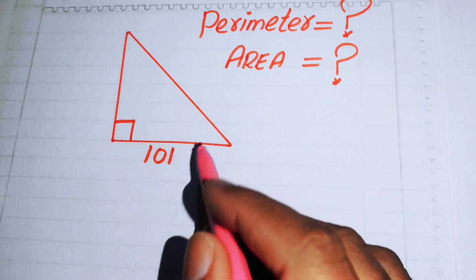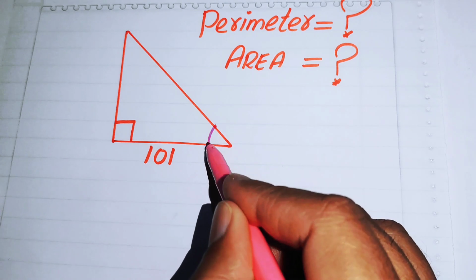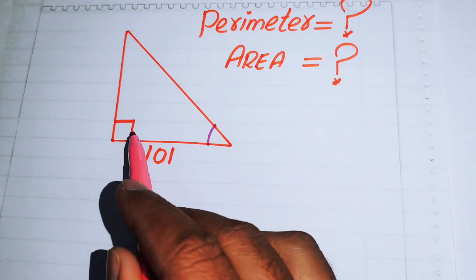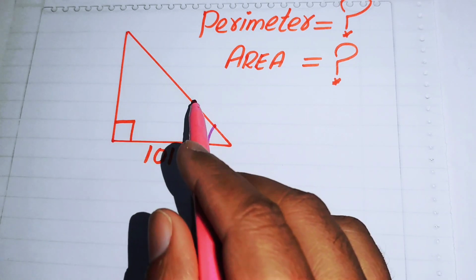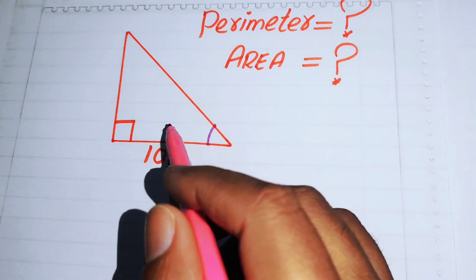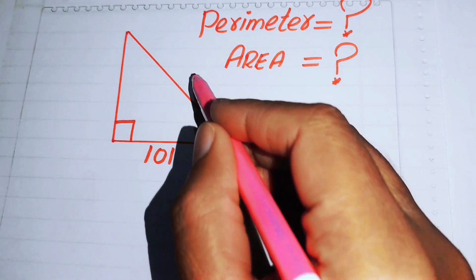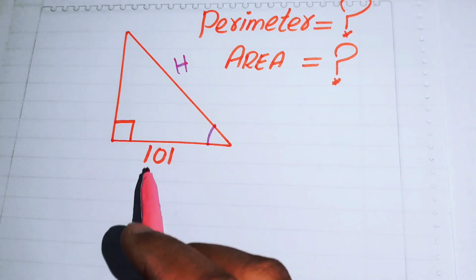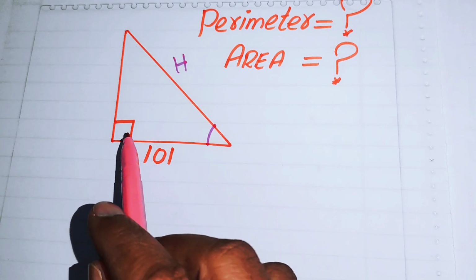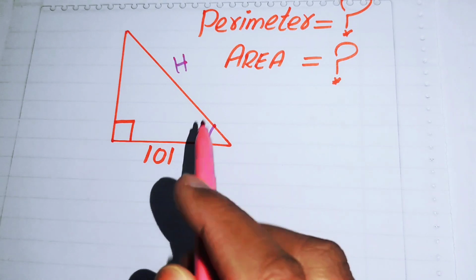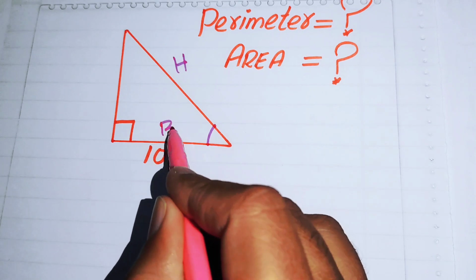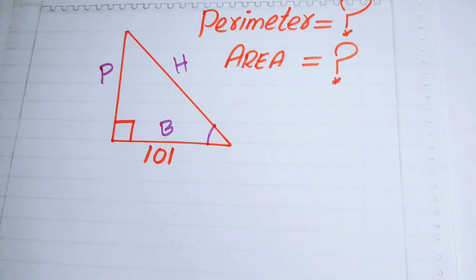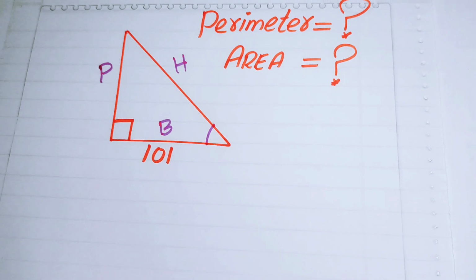If I name this as some other angle, you know that the side opposite to the right angle is known as the hypotenuse, and the side which joins these two angles is known as the base, and similarly the other side is known as the perpendicular or altitude.